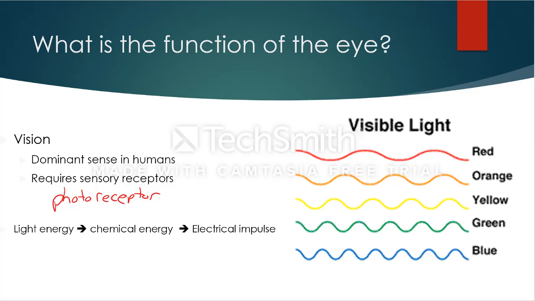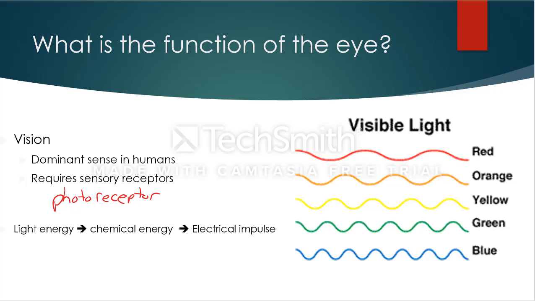What the photoreceptor does is it will absorb light energy and convert that light energy into chemical energy, which then eventually gets transported throughout the cell or from one cell to another or even down one cell as an electrical impulse.